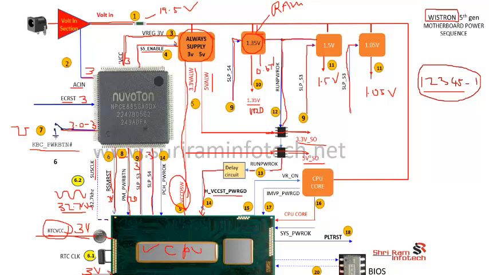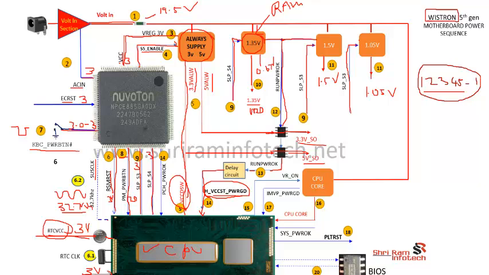It informs the CPU that all power rails are okay. Now you turn on the CPU core voltage. The CPU core voltage turns on the CPU itself, but before this signal, it needs this signal, so you have to check it. This is a 3 volt signal, VCCST_PWRGD, step number 14.